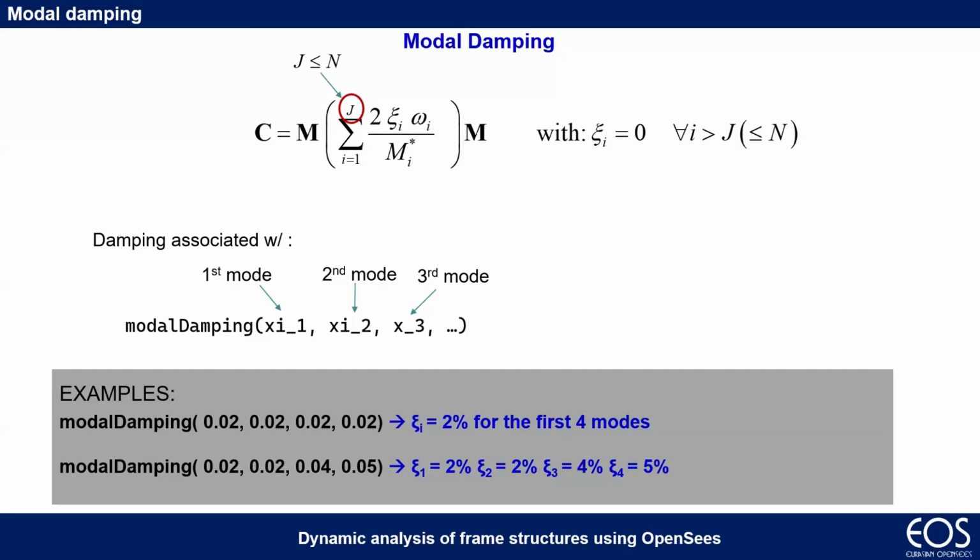Of course, the maximum is the number of degrees of freedom of your structure, otherwise you don't have modes there. And OpenSees will do all this stuff for you.